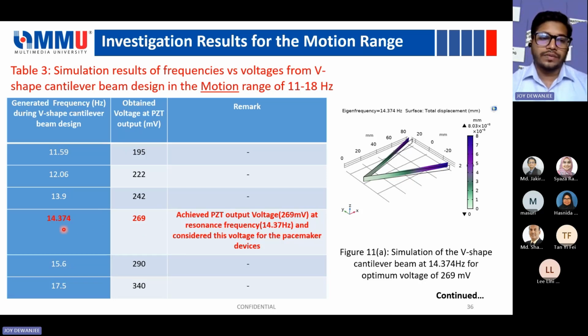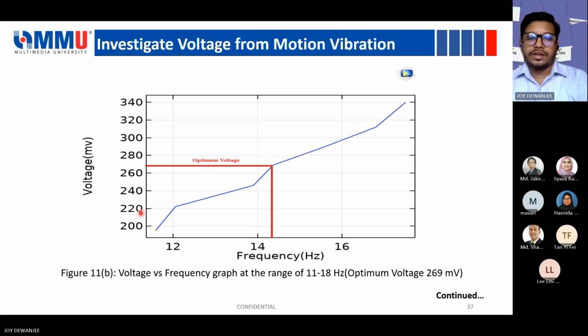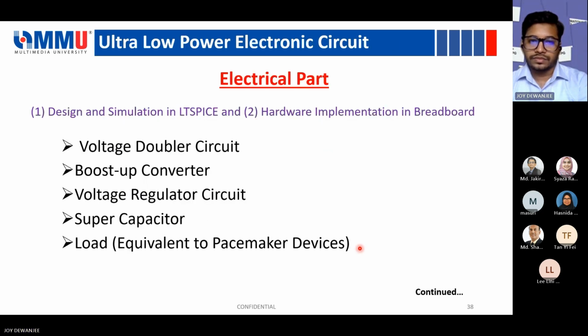Here we have found 14.374 hertz, and the voltage we have found is 269 millivolt. Basically, we have to generate the voltage, so that's why this is the highest voltage in the range, and this was the graph for 269 millivolts.